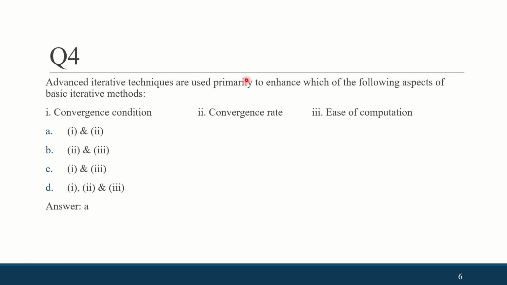Question 4. Advanced iterative techniques are used primarily to enhance which of the following aspects of the basic iterative methods: convergence conditions, convergence rate, ease of computation. We saw how advanced iterative techniques are used in the lecture series. So basically it enhances the convergence rate or convergence condition, so that it is easier to obtain convergence in limited time.